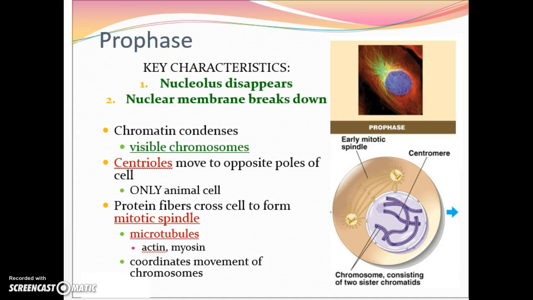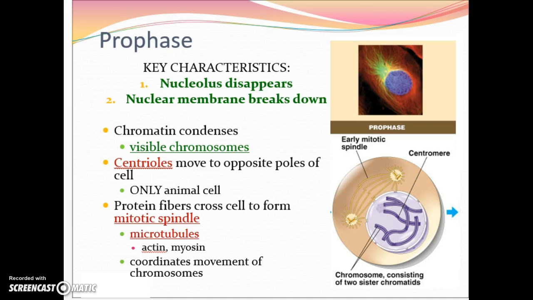But what's happening essentially is the mitotic spindle is beginning to form. The chromatin is condensing. We have visible chromosomes. The centrioles are moving to opposite sides of the cell, what we call the poles. Of course, that's only occurring in animal cells. Plant cells do not have centrioles.